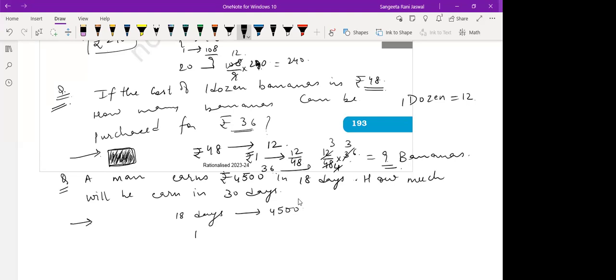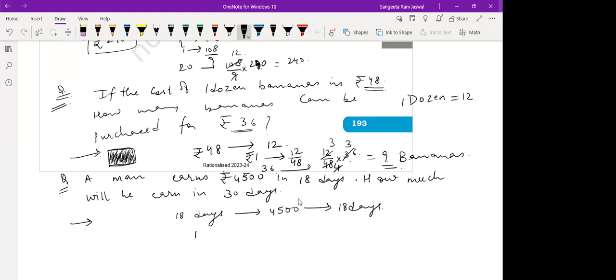Okay, it's written how much will he earn. So let's take this amount here only. He's earning this much amount in 18 days. So how much will he earn in 30 days?